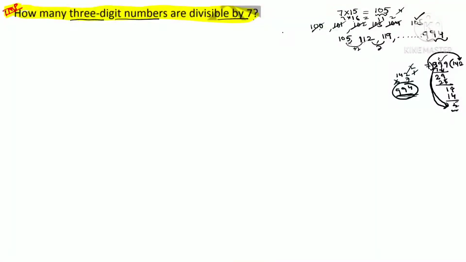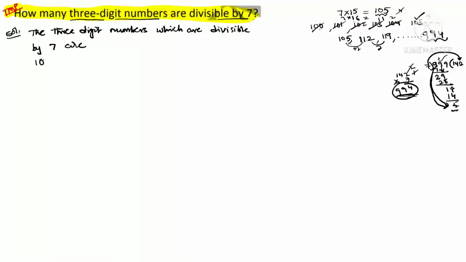Next one. So let us write the solution. The 3-digit numbers which are divisible by 7 are 105, 112, 119, and so on, up to 994.